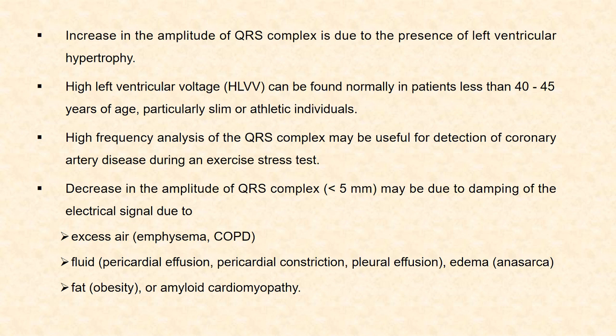High frequency analysis of the QRS complex may be useful for detection of coronary artery disease during an exercise stress test. The decrease in the amplitude of QRS complex, that is less than 5 mm, may be due to damping of the electrical signal due to excess air, fluid or fat.